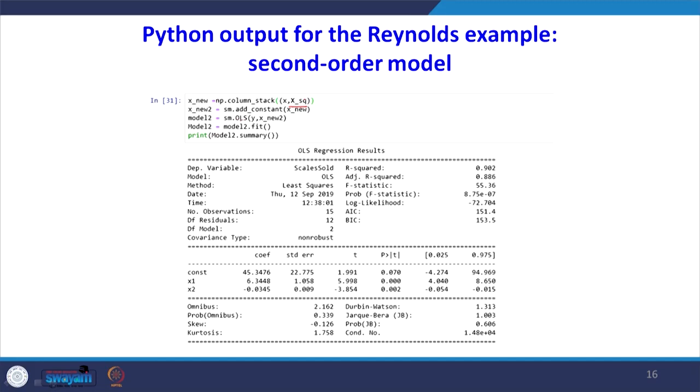Then I want to have the constant. So, x_new2 equal to sm.add_constant of x_new. So, model2 equal to sm.OLS of y comma x_new2. Then model.fit, then print summary.